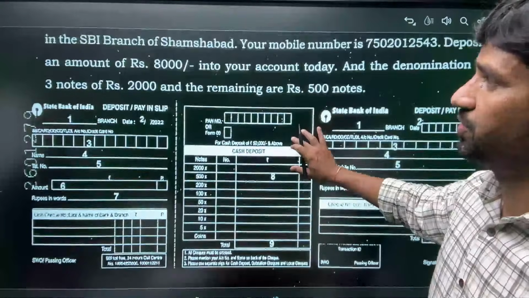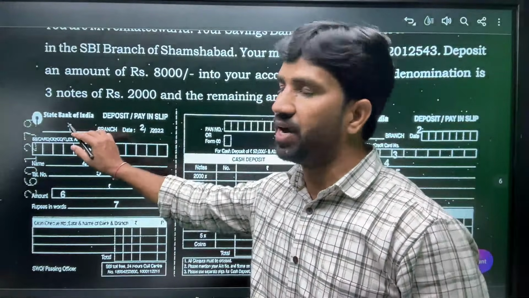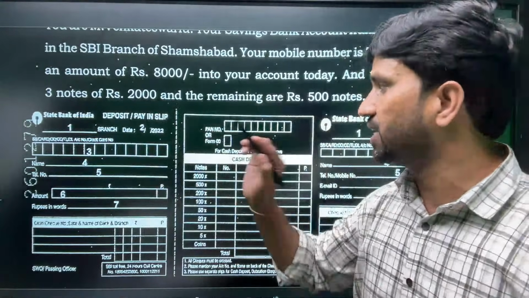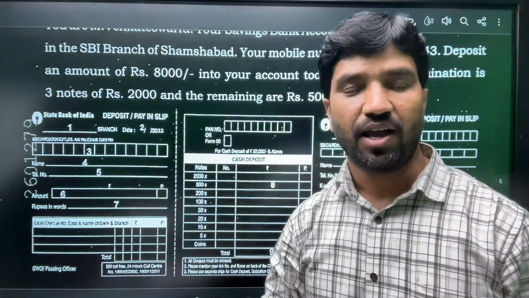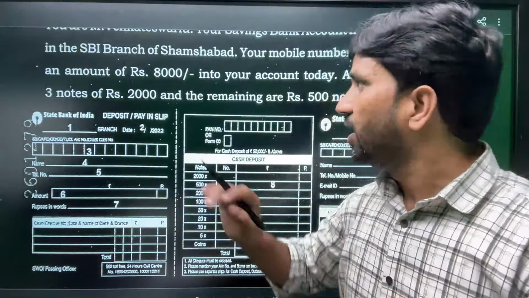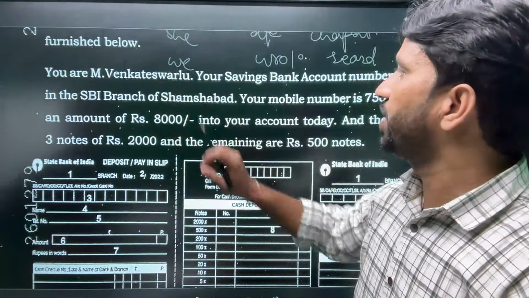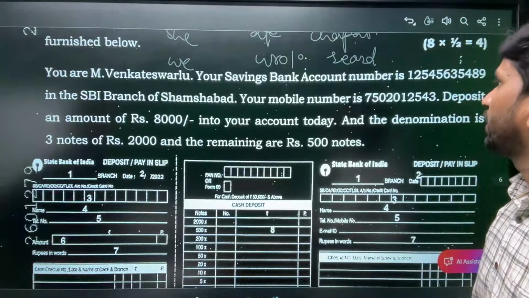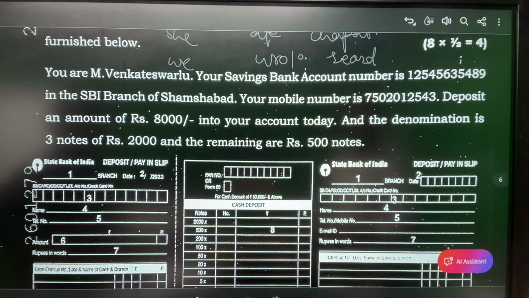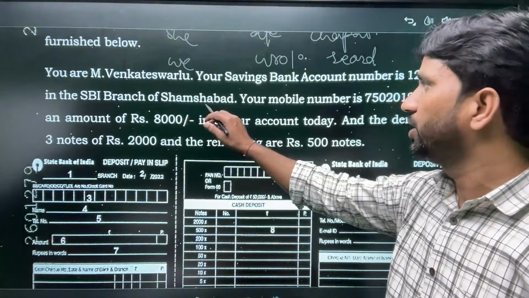Next, filling in forms. Important one, filling in forms. They'll provide the options. Definitely the first option will be branch and the second option is the date. If the date has not been given, write the examination date, tomorrow's date. Read the information first. Your name is M Venkateshwarlu, your savings bank account number is 12545635489 in the SBI branch of Shamshabad.